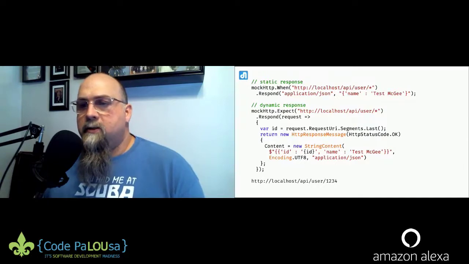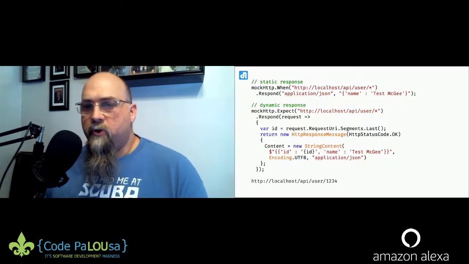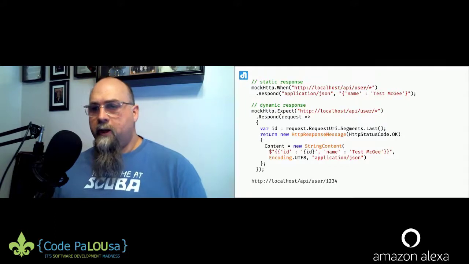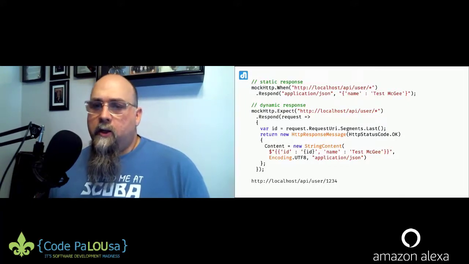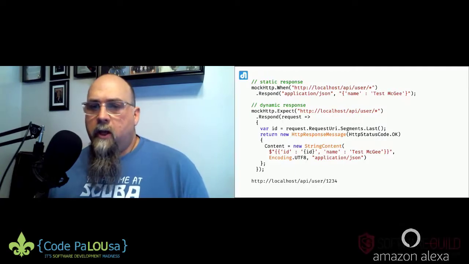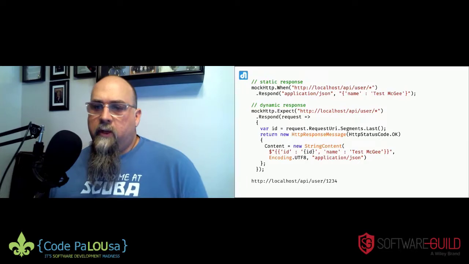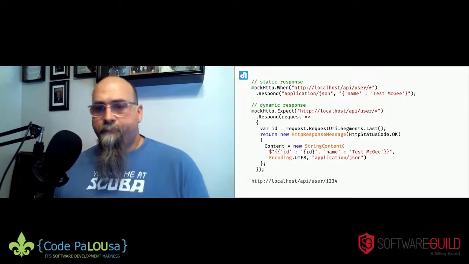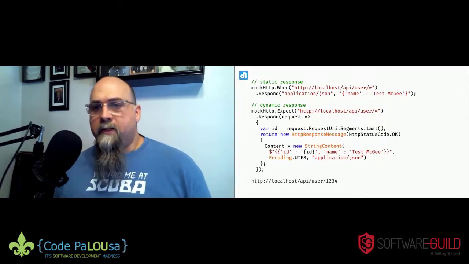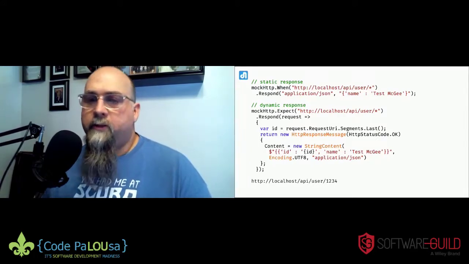Our ID is the last segment of it. So we're just taking the request URI, taking the segments, getting the last one, and then we're going to return an HTTP response message. We're going to say, okay, and our content's going to be some new string content, and we're doing a little bit of magic here. We're giving back the same name, but we're giving back the ID they passed in so that we can create a response that matches the request coming in.